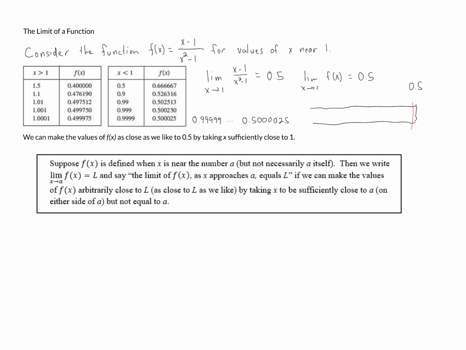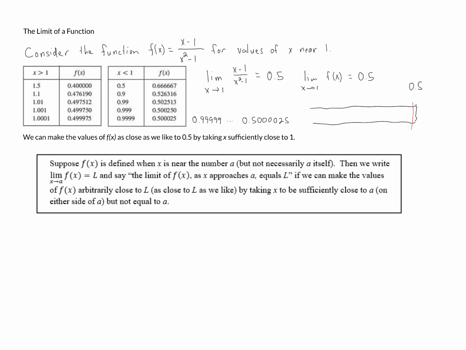So here we go. Suppose f of x is defined when x is near the number a, but not necessarily a itself. Like this function was defined near 1, but it was undefined at 1. So it doesn't have to be defined at the number that x is approaching.